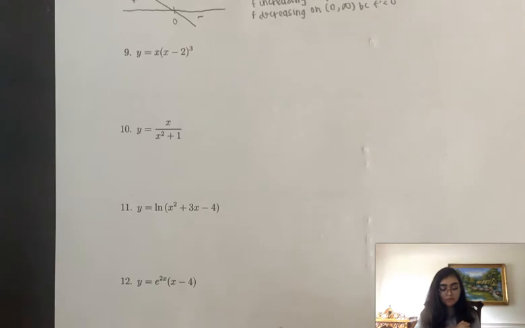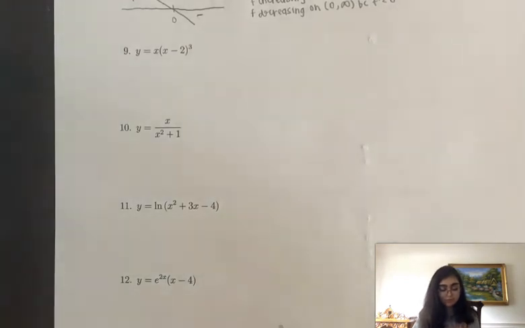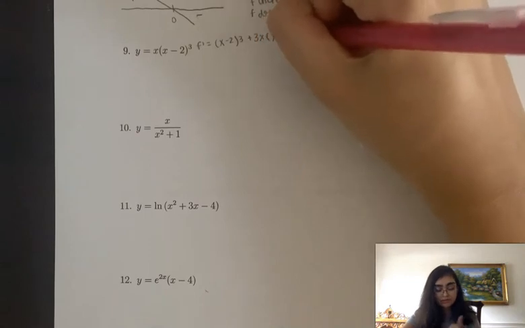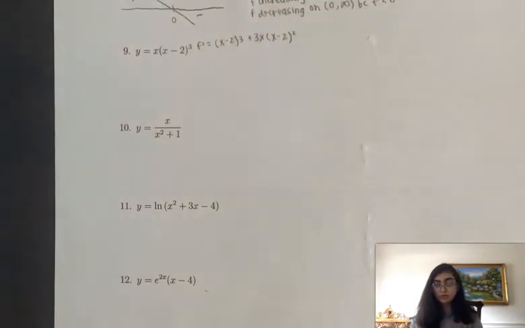Number 9, we're going to be using the product rule. So we're going to get x minus 2 to the power of 3. I wrote my 3 a little lower than it should be. It is x minus 2 to the power of 3, not x minus 2 times 3. Be careful of that. Plus 3x times x minus 2 squared in parentheses.